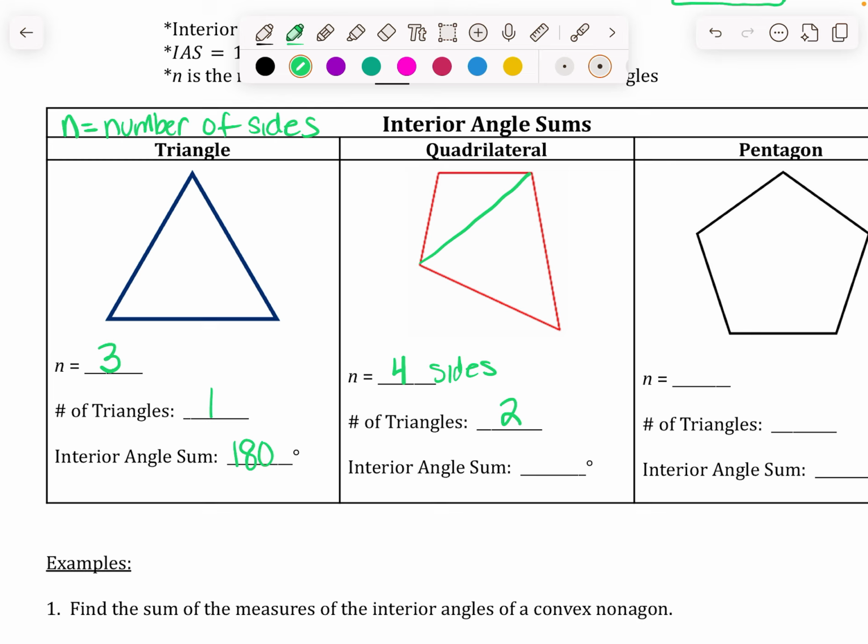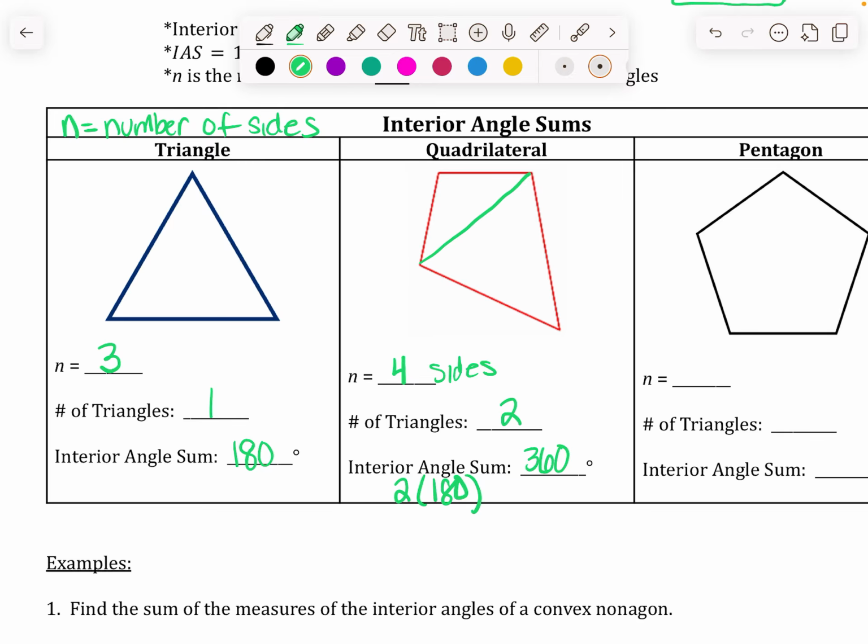If you think about that carefully, two triangles at 180 degrees each is going to give you 360 degrees. So for a quadrilateral, it is going to be 360 degrees for all four angles inside that shape.